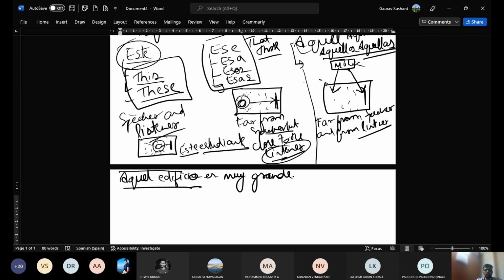I'm using here aquel edificio, that building, the aquel group, not ese edificio. Why? Because the object to which I'm pointing out is far from the speaker as well as from the listener. That is why we are using the third group. So you have to keep in mind this particular context, where is the object, and accordingly you have to select the correct answer. Okay, is it clear?